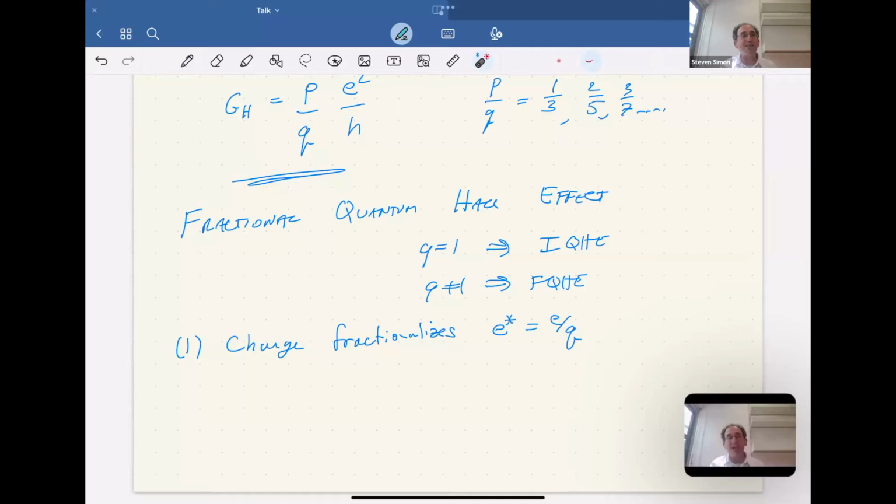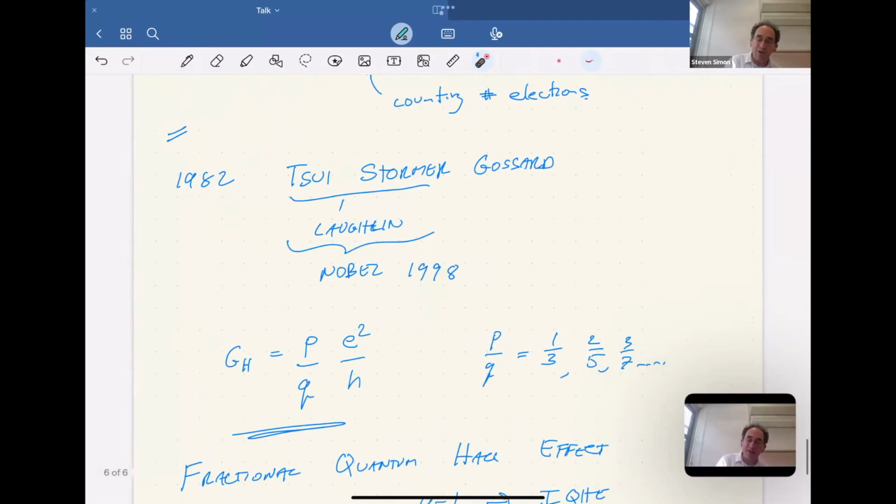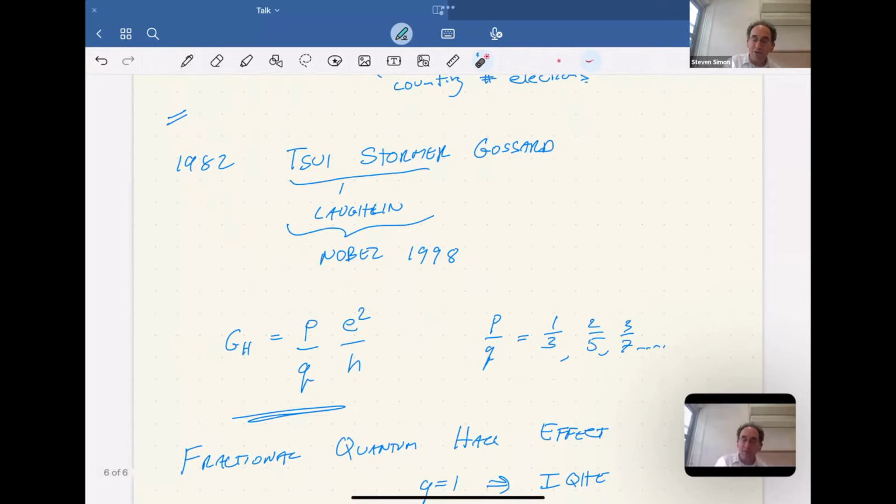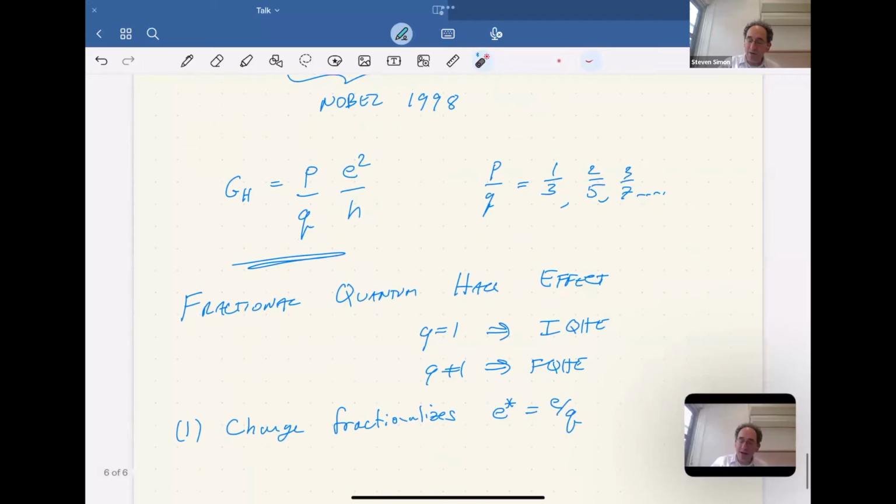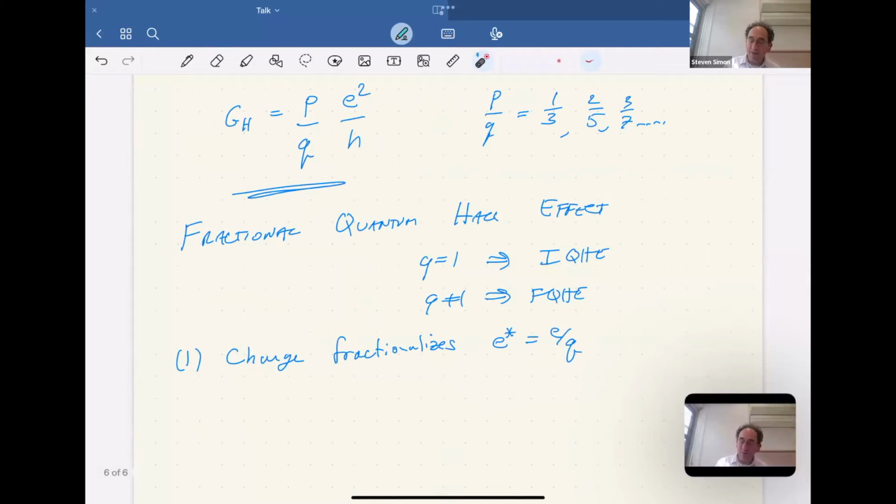And you might say, well, okay, that's cheating. There's a legend about Dan Tsui. The legend is, when they first measured the Hall conductance G_H as 1/3 e squared over h, he immediately said, "Oh, quarks." Obviously he was joking, because he knew that it's a condensed matter experiment and has nothing to do with quarks, but it was actually very prescient, because he realized immediately that if you had charge fractionalization, you could have this.